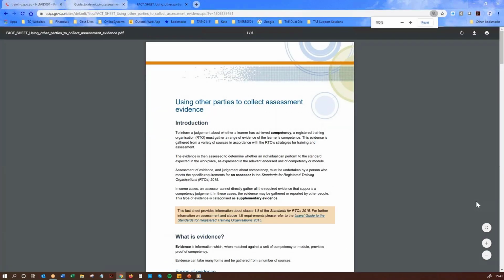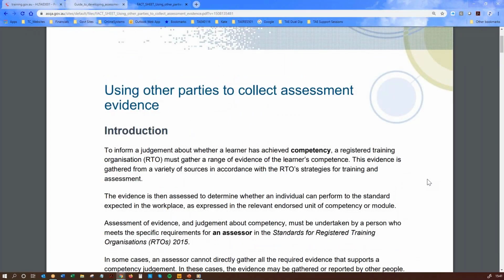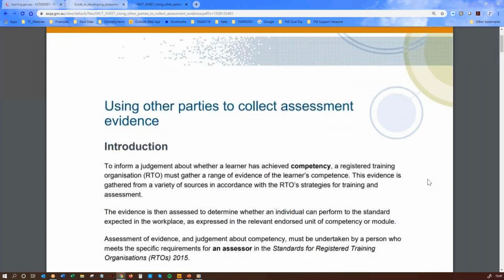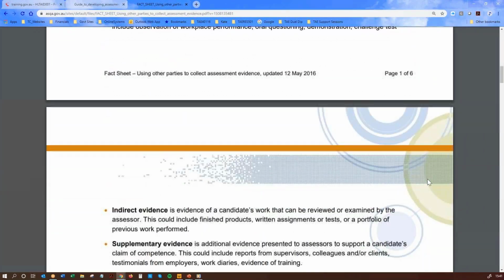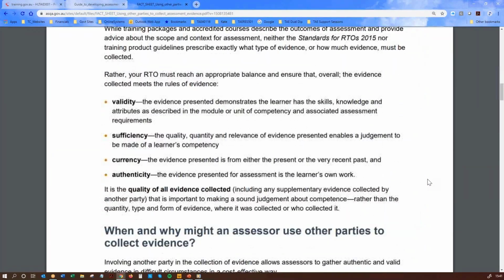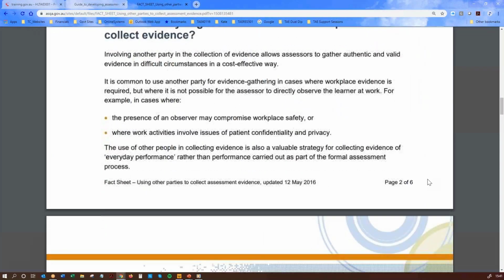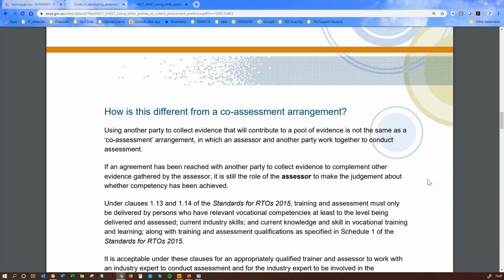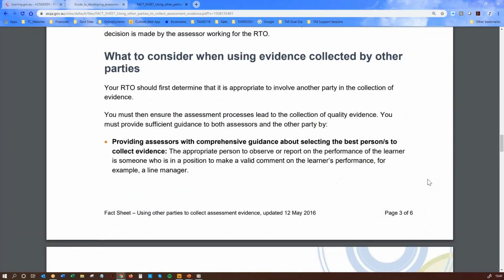So this one is about when you're using someone else, so this is indirect evidence by using another party to collect assessment evidence. And it just gives you information about how you can strengthen that process to make sure that it is going to be robust. So again, it gives you definitions around direct, indirect and supplementary, and then it will come down to these principles of assessment and things like that.